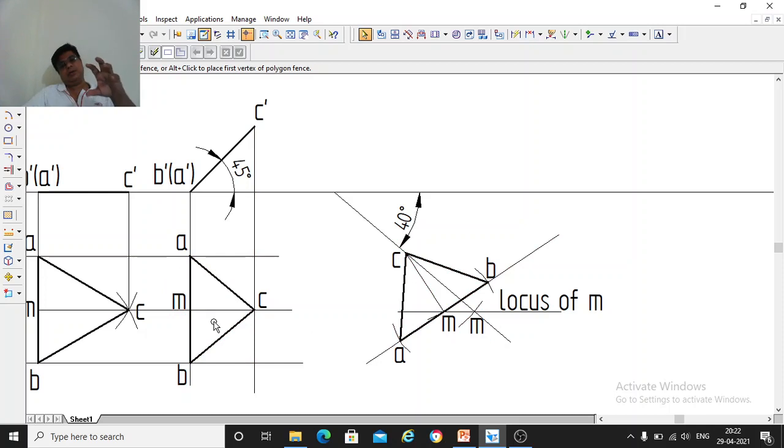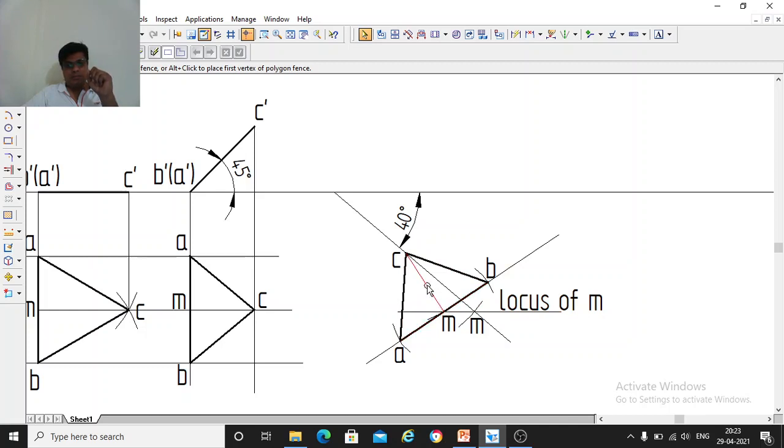So the triangle, you have rotated it so that this median is at 40 degrees to the vertical plane. Since the median length is changing, you should follow the locus method and you should take the true length CM on the 40 degree line, and then draw the locus through M, and then take the apparent length CM on the locus line, then join CM.